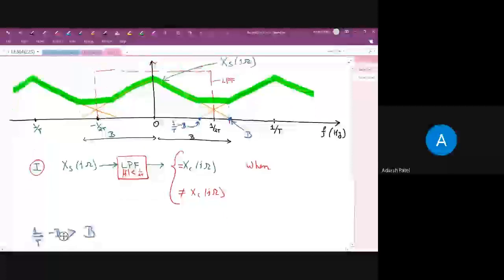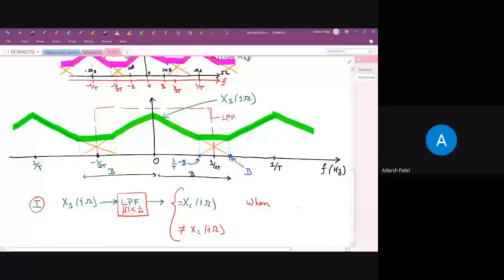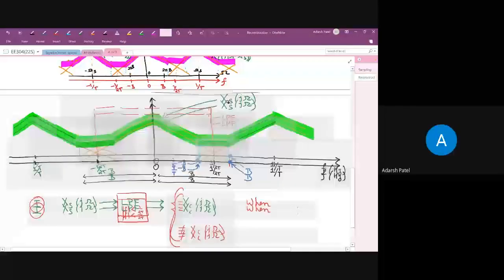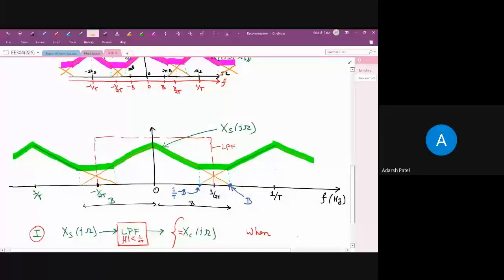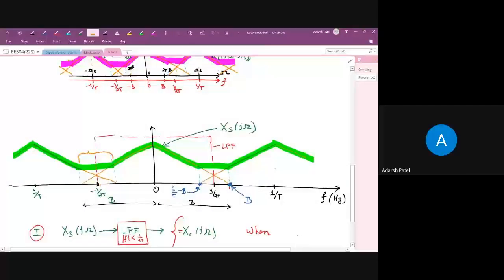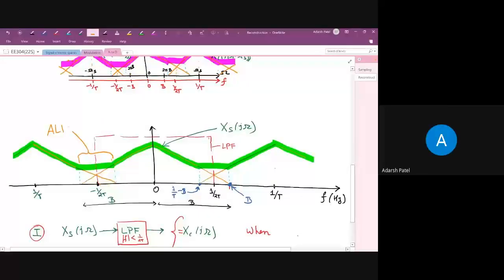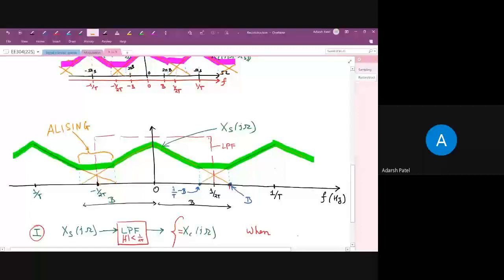This distortion is called aliasing. This portion is called aliasing.